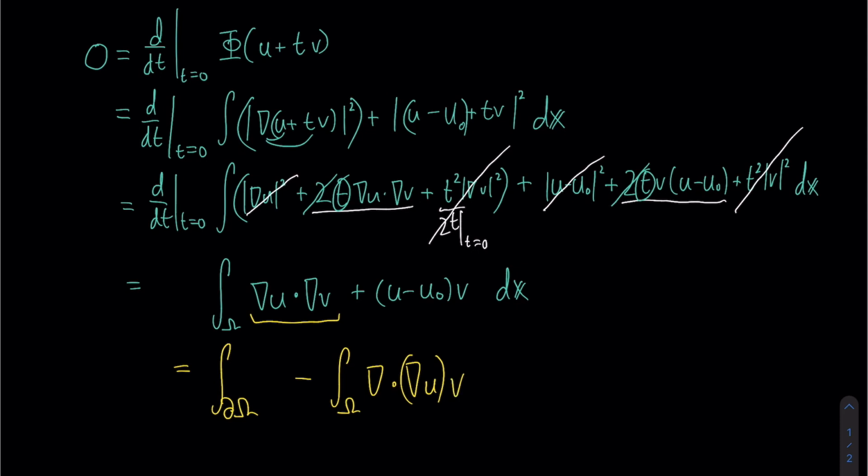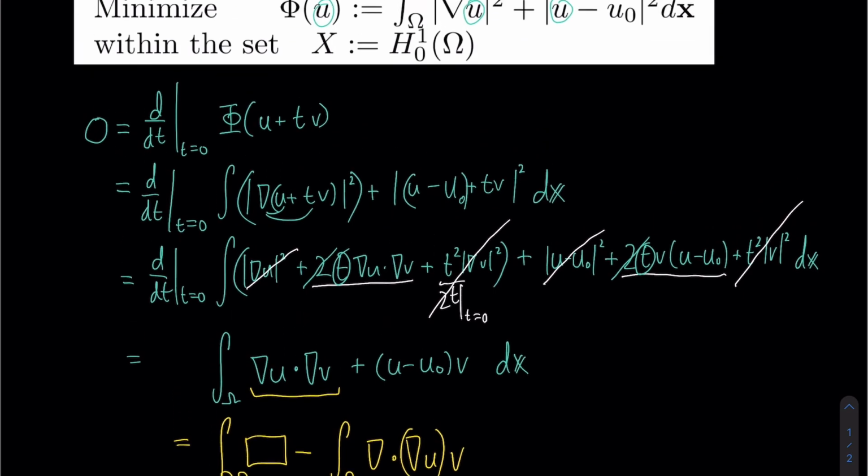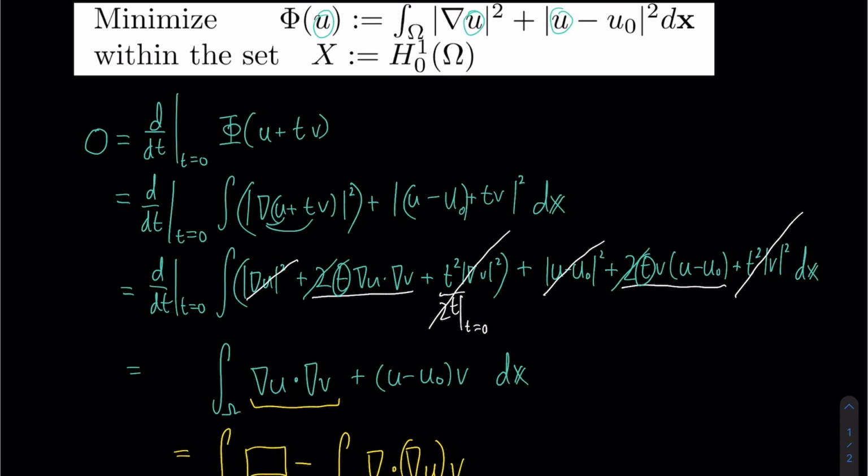But I didn't write anything here. I didn't write anything here because everything in here will be irrelevant. Why would it be irrelevant? Because v on the boundary is 0. Why? Because what does this mean? What does this space, oh, the highlighter isn't really showing. What does this mean?